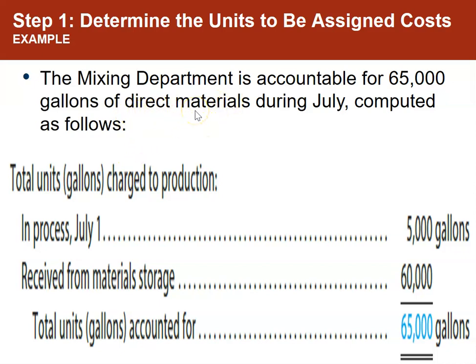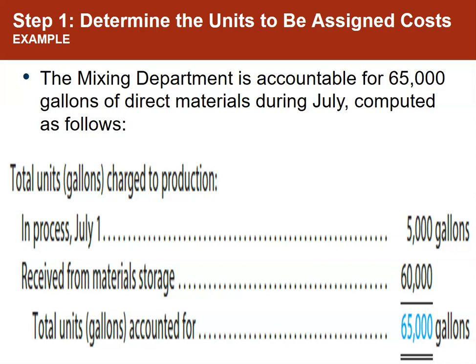Direct materials. What we're going to be looking at over the next couple of slides is the mixing department and their work in process as it pertains to direct materials. We're going to get into some conversion costs later, but right now we're just looking at direct materials.